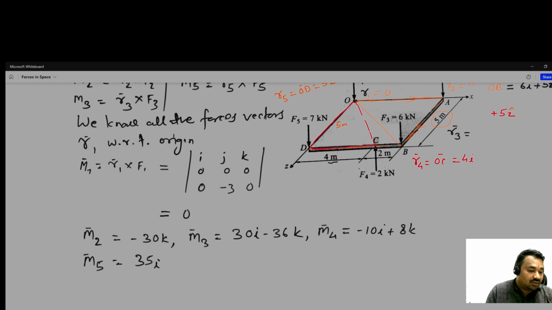So finally we have to get the summation of moment about O. It is M1, M2, M3, M4 plus M5, all in vector form.